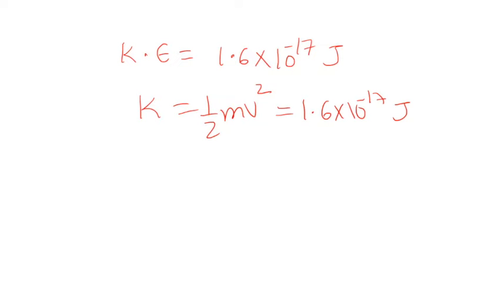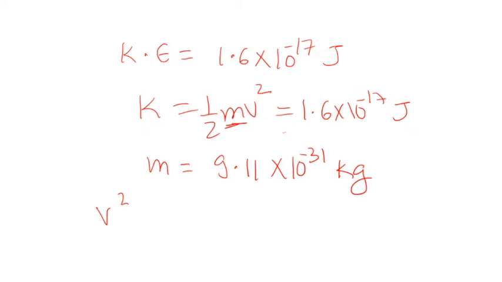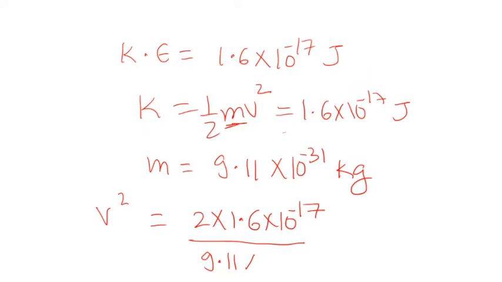We are given that this is an electron, so we know the mass of the electron is 9.11 into 10 to the power minus 31 kg. Okay, simply put it, so v square is equal to 2 into 1.6 into 10 to the power minus 17 divided by the mass, which is 9.11 into 10 to the power minus 31.